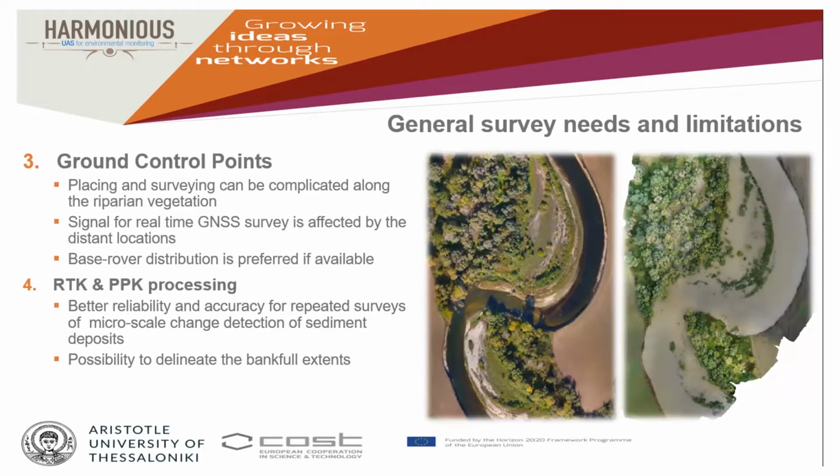But now the RTK drones are spreading in the last few years, and they have the advantage that, of course, you save time and do not have to place and survey all the control points, because in these kinds of surveys, you have to place the control points on all the riverbank edges.